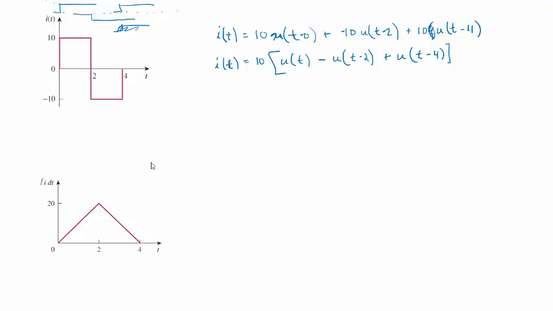So the integral of I of t equals, and I can do this by the math, so I'll just pull the 10 out, and it will be t, do I want to do it that way?